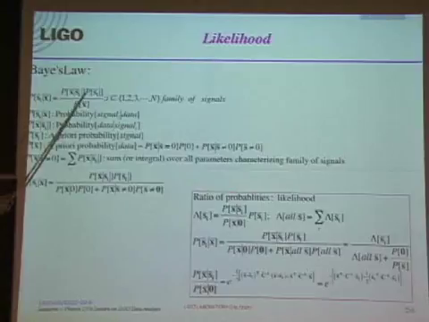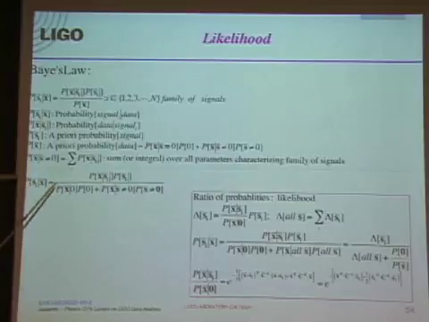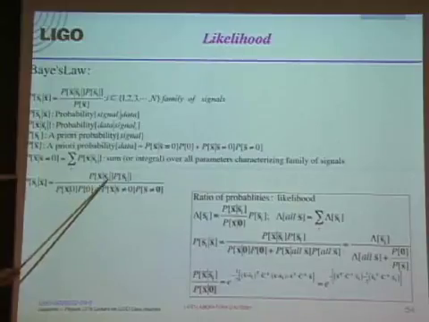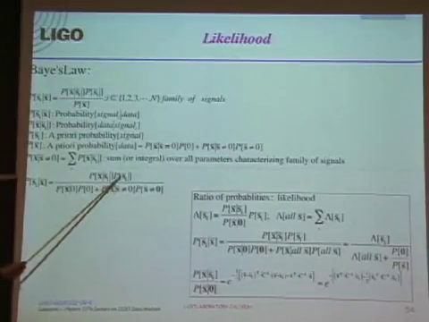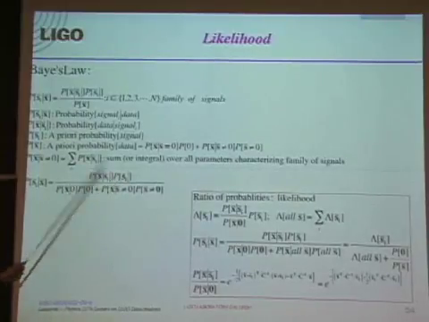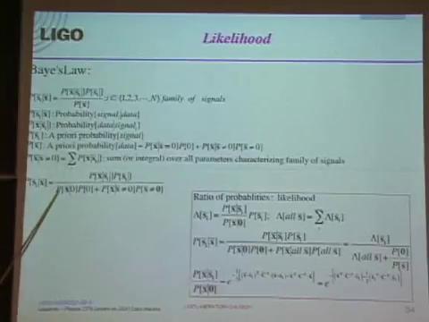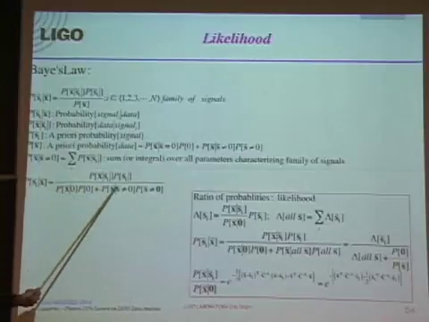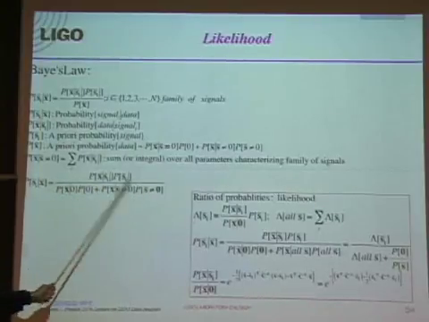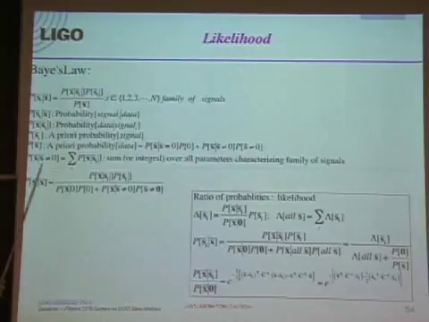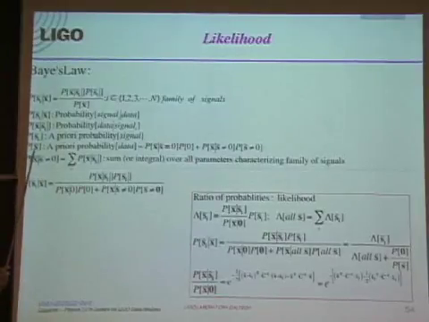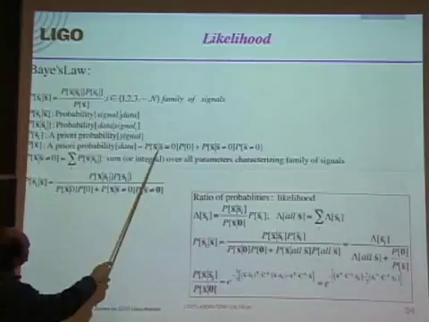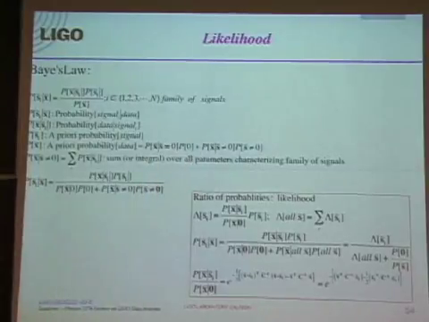And by using the Bayes' law formalism, it is possible then to re-express the probability that the data correspond to this model as a probability that this model corresponds to the data times the probability that the model is correct, and then the probability that the data contain no signal, and then the probability that the data contain some signal, which comes from expanding the probability of the data as the probability of the data with no signal plus the probability of the data with any signal.